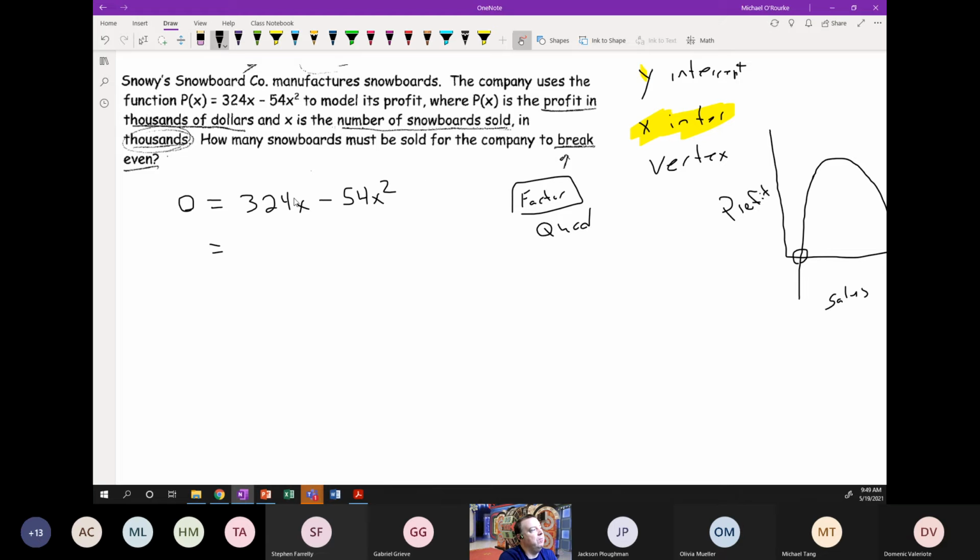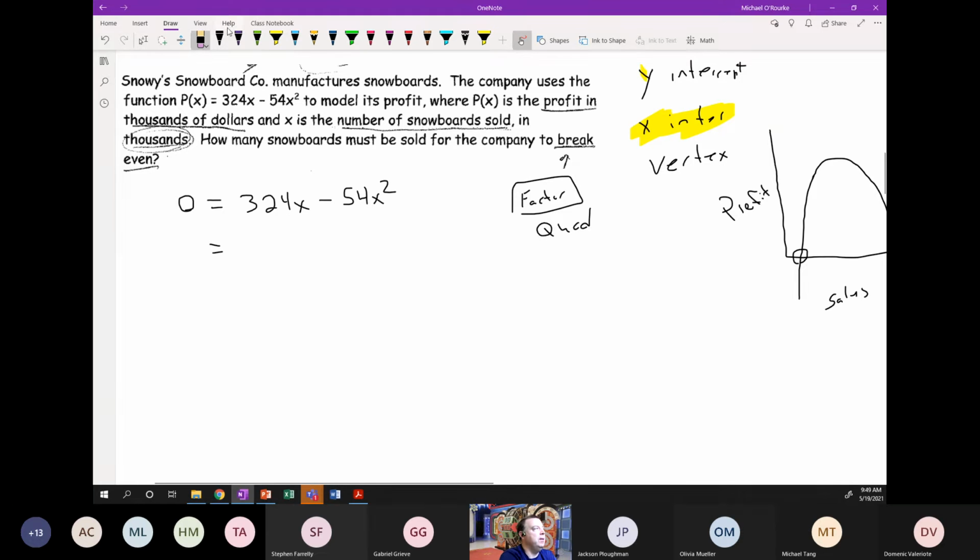We don't have a third number here. So the thing we can try first, like we've done the last 2 times, is common factor. What is the same?